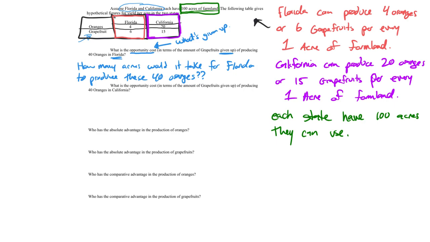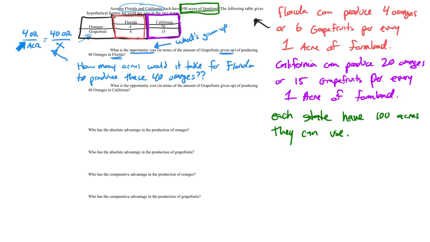So if we look here, we know every 1 acre, Florida can do 4. I'm going to do this step by step. A lot of you might be able to already see this answer, but I'm really going to do it step by step over here. I know we get 4 oranges per 1 acre. We want to know 40 oranges over X. That's our unknown, right?